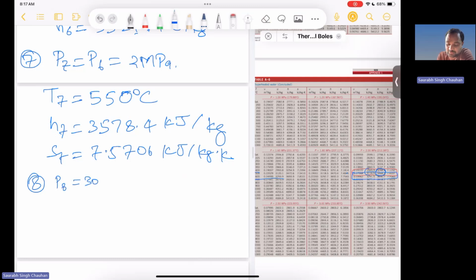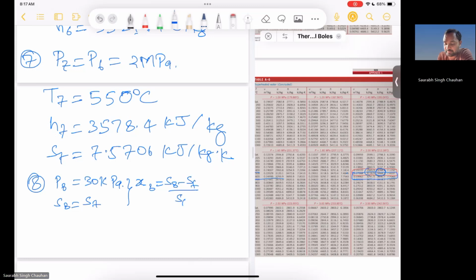P8 is equal to 30 kilopascal. It was given in the question. S8, from S7 to S8, this was isentropic process, isentropic expansion in the turbine. So from these values, you can use the saturated table and you will get the quality of steam.